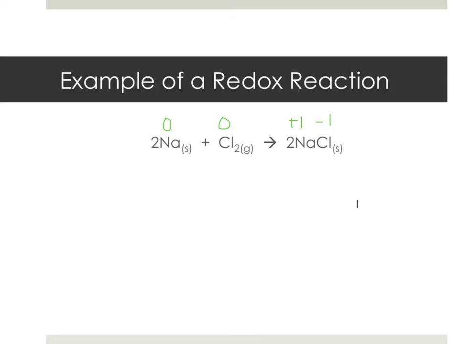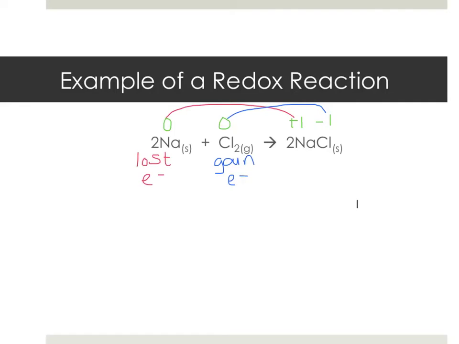So, take sodium, for example. In order to go from a charge of 0 to positive 1, it must have lost an electron. Recall that electrons are negative, so 0 minus negative 1 is positive 1. On the other hand, in order for chlorine to go from 0 to negative 1, it must have gained an electron.